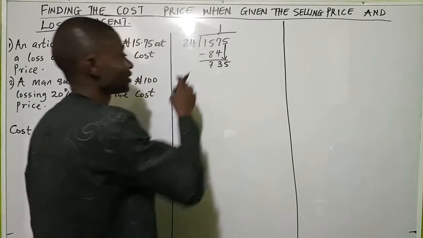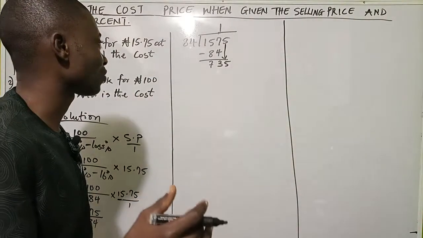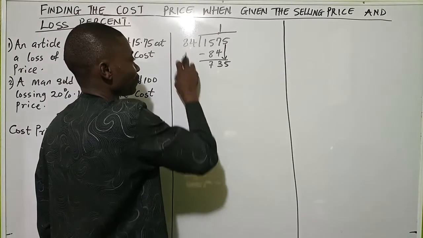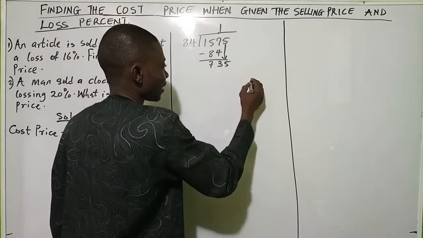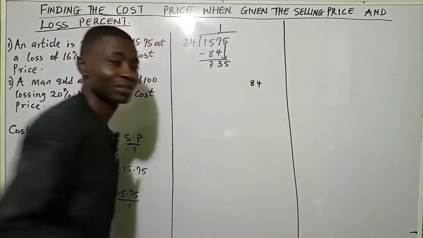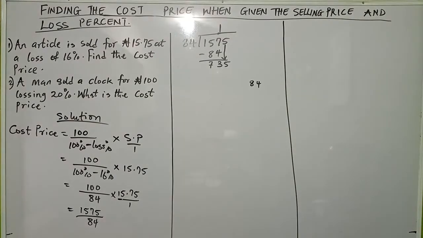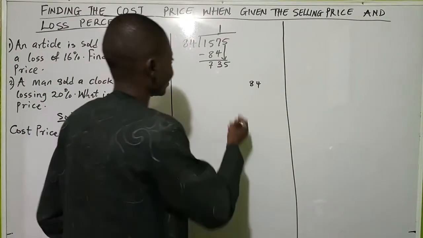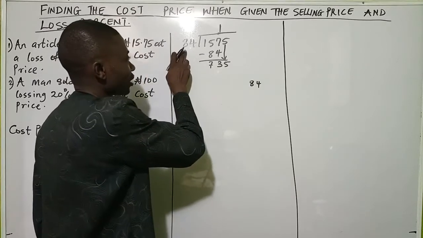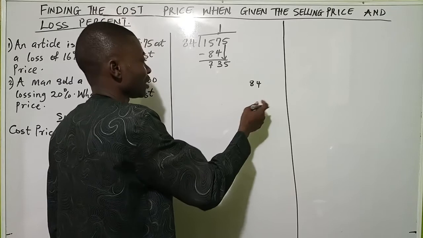If you want to know that, you can actually write out your multiplication table. Quickly write out your multiplication table, you will get that. So you can use your multiplication table to check how many 84 you have in 735.